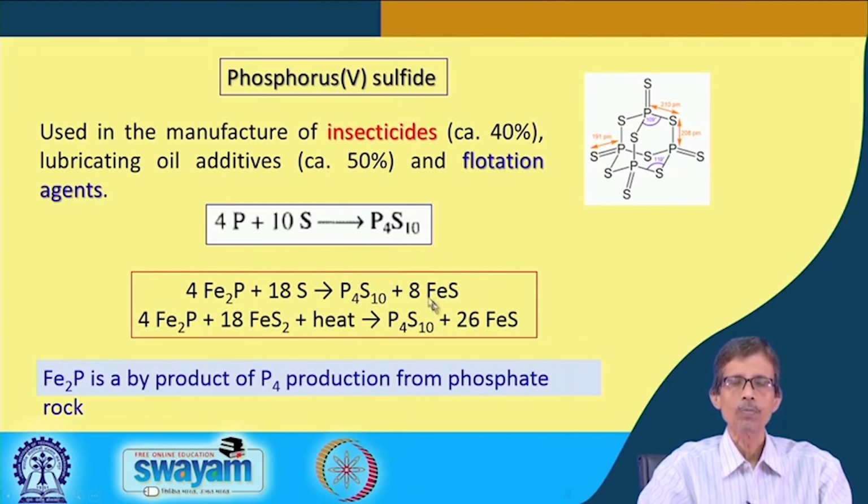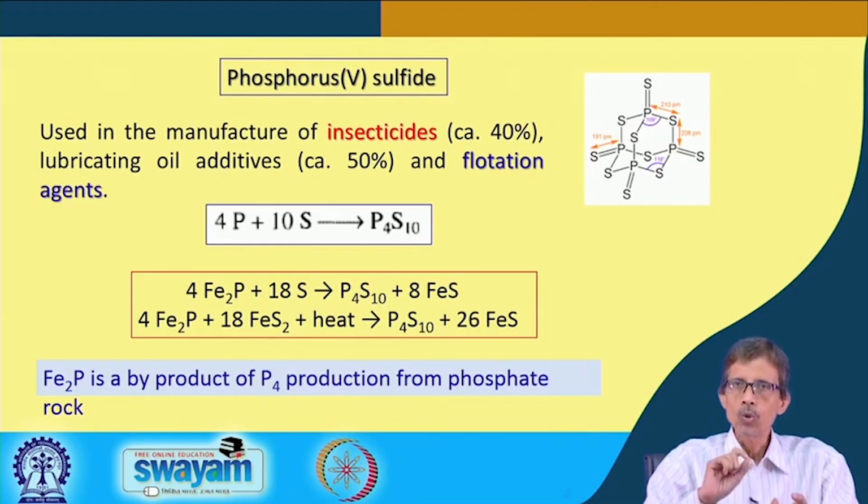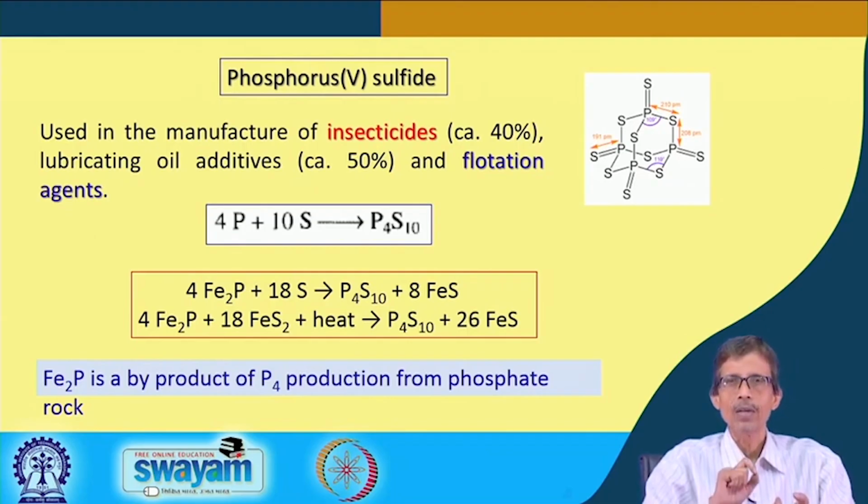It will also be useful, because we know from our laboratory days, school days or college days, that ferrous sulfide is available in the market as typical sticks, which are used for the production of H2S, hydrogen sulfide. We use the Kipp's apparatus, and in the bottom part of the apparatus we put these ferrous sulfide sticks and then add sulfuric acid to produce H2S gas as and when required, by opening the stopcock of the apparatus.